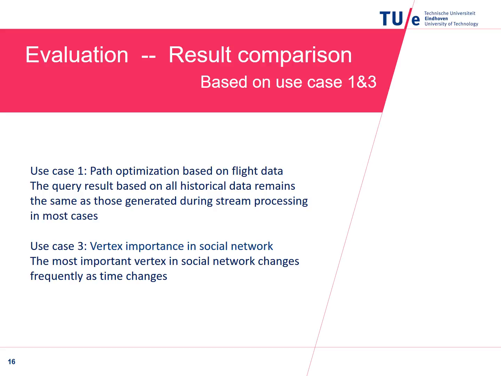In use case 1, the query result based on all historical data remains the same as those generated during stream processing. For example, if we want to fly from Paris to Amsterdam, in the stream processing version, the system just tells us you can choose this flight, and it will just output the result continuously to the screen.